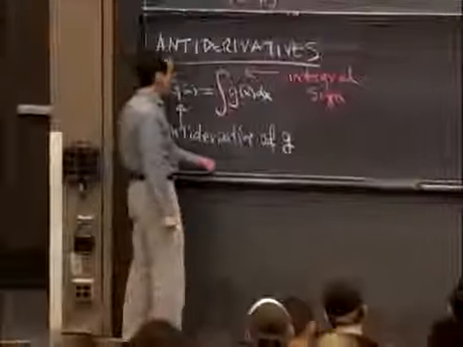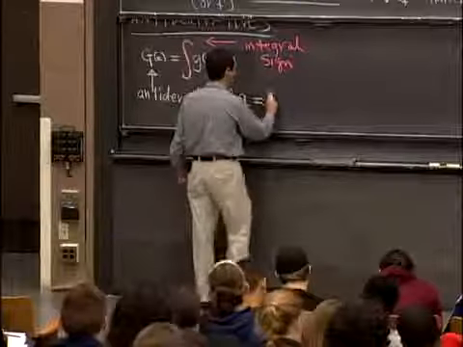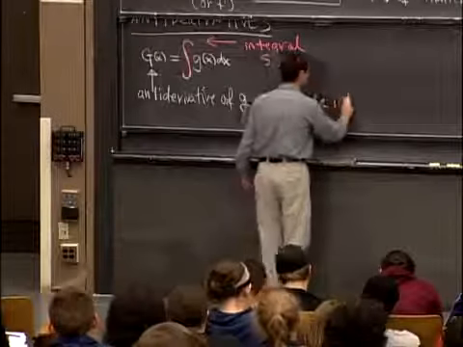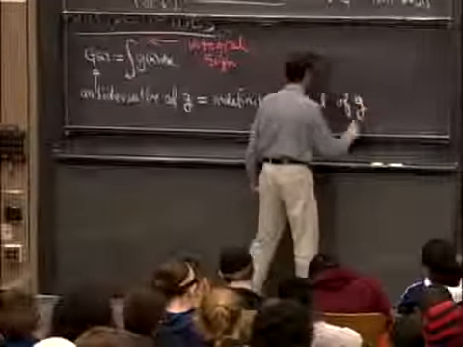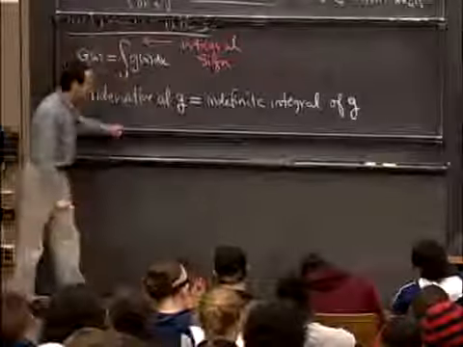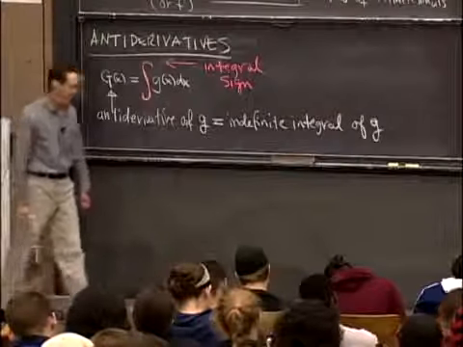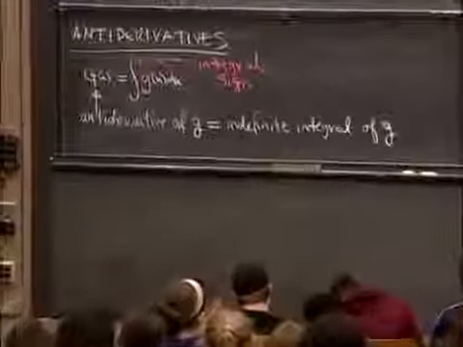Another name for the antiderivative of g is the indefinite integral of g. And I'll explain to you why it's indefinite very shortly.